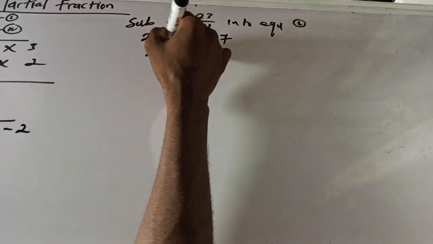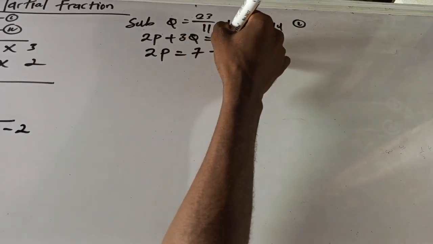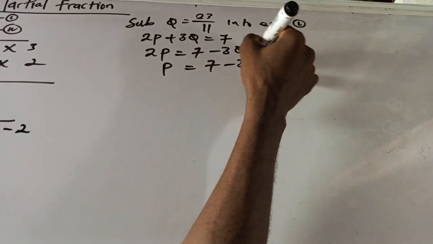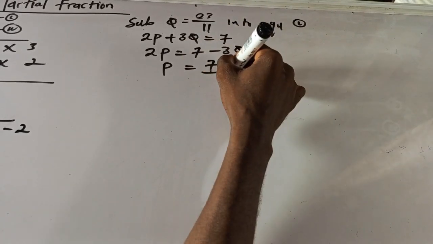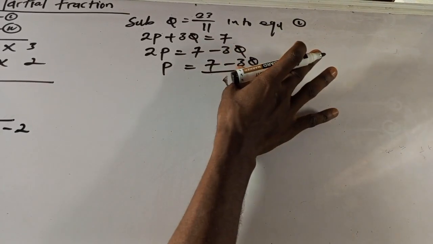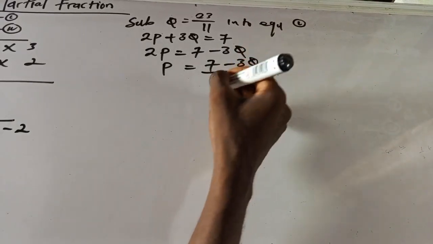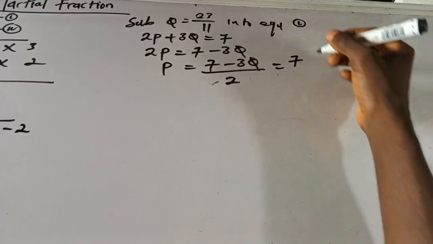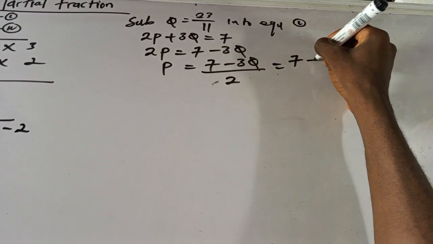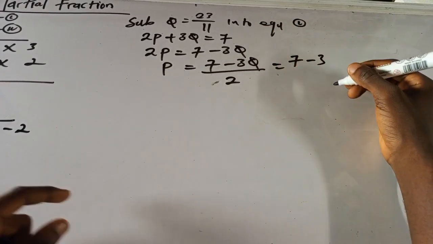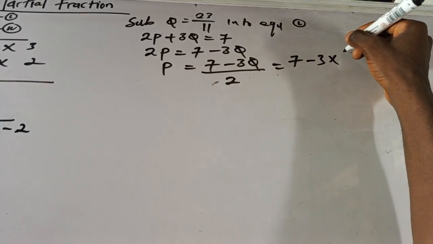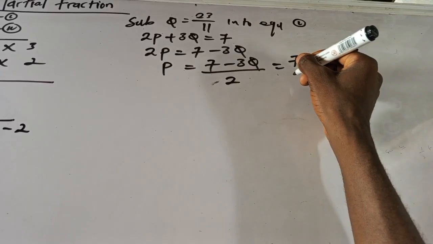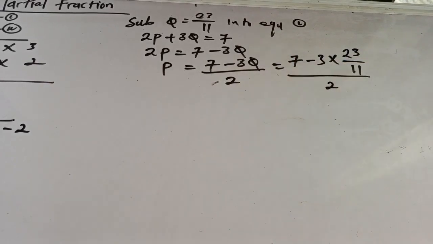So we have 2p is equals to 7 negative 3q. So we have p should be equals to 7 negative 3q divided by 2. So substituting the value, this should be equals to 7 negative 3q. What's my q? My q is 23 over 11 and divided by 2.